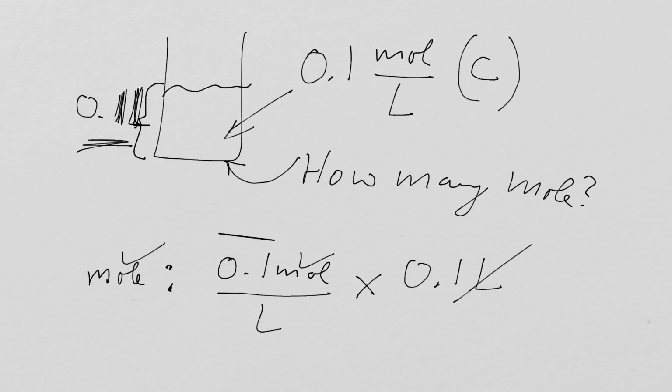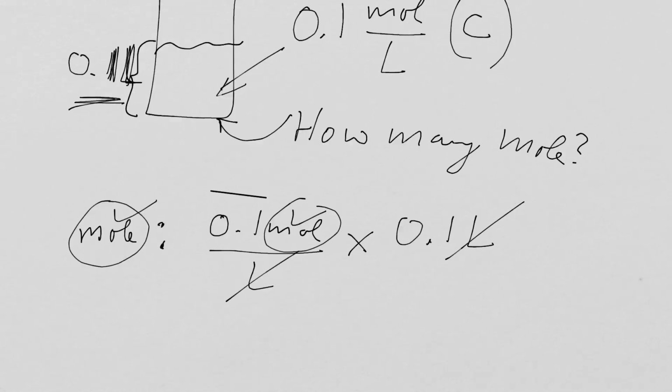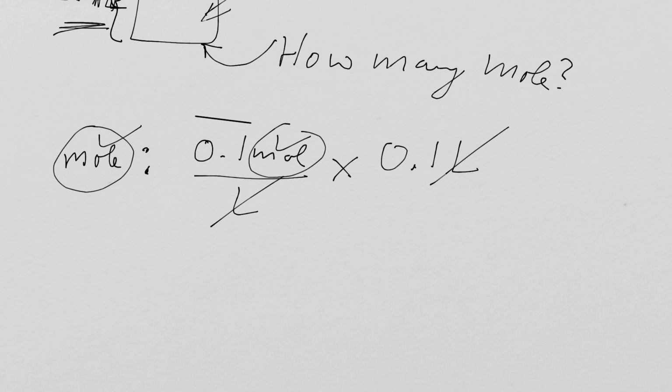They cancel each other out. What's the unit that we've got left? Mole. What is the unit that we want? Mole. Voila, we can finish with it. We can stop. So we have 0.1 times 0.1 mole.